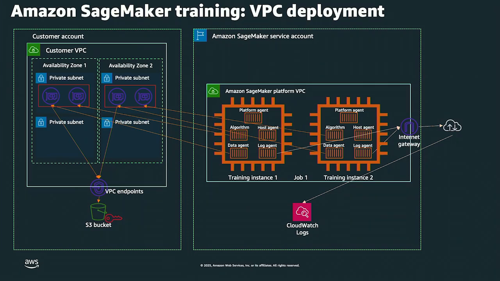Only you have access to it. As for the actual infrastructure that trains your model, it's also isolated. It's managed by SageMaker, and it's isolated in a dedicated VPC. And the communication between your data and the training is all encrypted, so your data is secure both in transit and at rest.